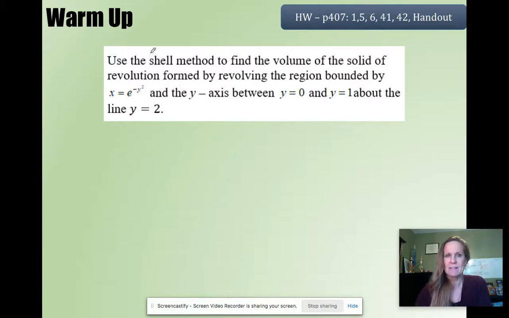All right. I'm asking you to use the shell method. The shell method is a method of finding volume by revolution. It's just not discs or washers. So if you remember, shell method talks about taking the surface area of a cylinder, which is 2 pi times the radius times the height, and then multiplying times the width of those really thin cylinders to get volume.